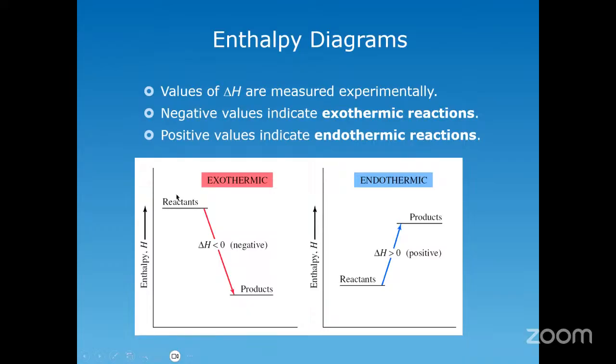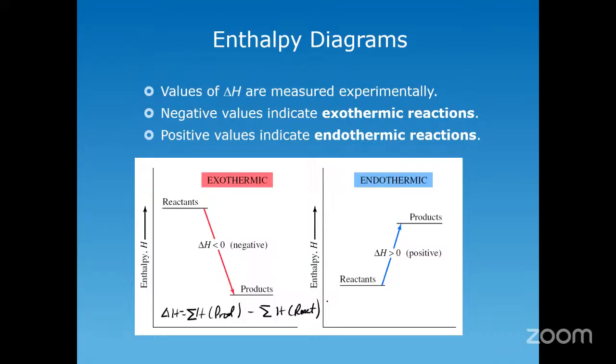And let me just say here, and I probably should have mentioned this before, the value of delta H will be equal to the sum of the enthalpy of the products, I should put this sigma sign here to represent sum, minus the sum of the enthalpy of the reactants. And this is a simplified way of expressing it. It's actually slightly more complicated because you have to take into account the stoichiometry of the reaction, which we're going to talk about later on.